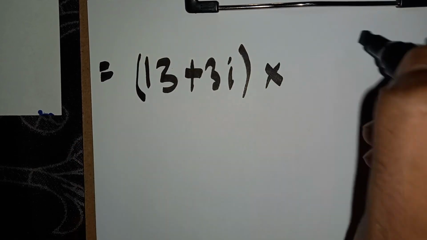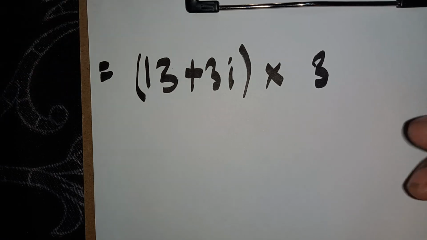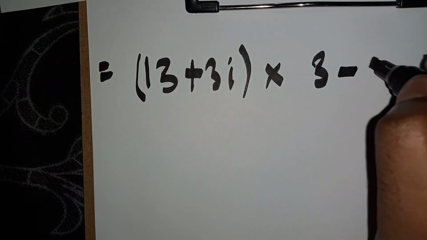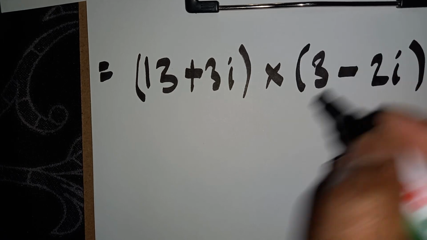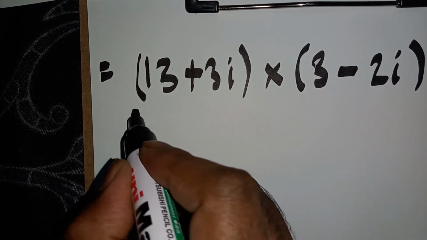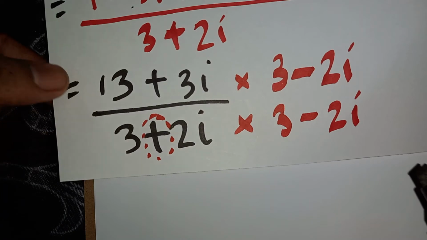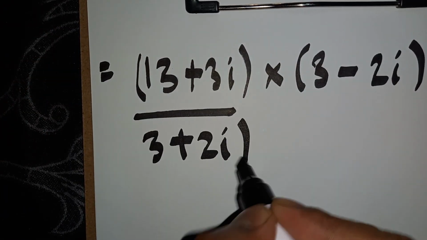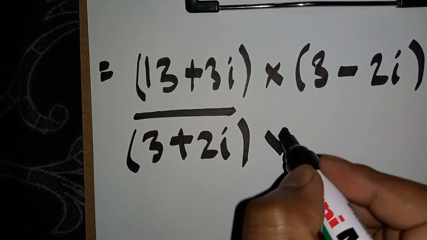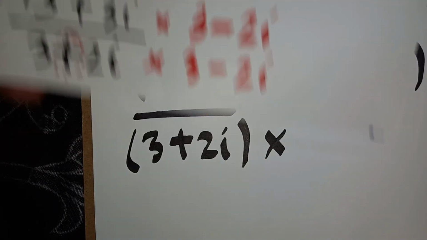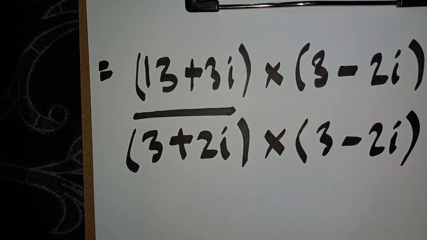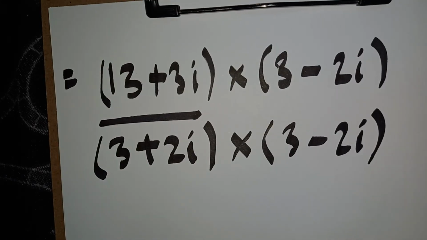Then we multiplied by the conjugate, 3 minus 2i, and this side you had 3 plus 2i. I'm just putting it inside the bracket, and then we have to multiply that with 3 minus 2i. Okay, so just multiplying by the conjugate.